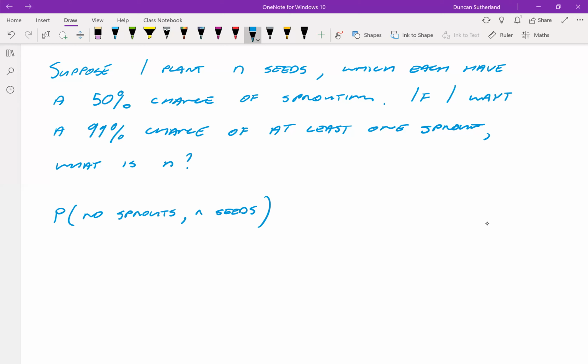They have a 50% chance of not sprouting, right? It's a 50-50 chance. So if there's no sprouts in n seeds, the probability of that is 0.5 times 0.5 times, and so on, n times. That's 0.5 to the power of n for no sprouts in n seeds.